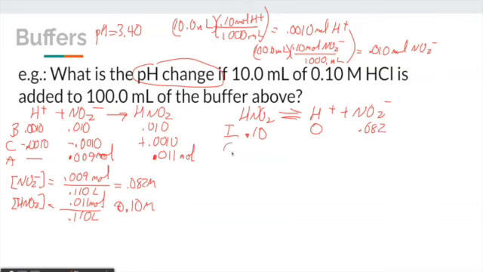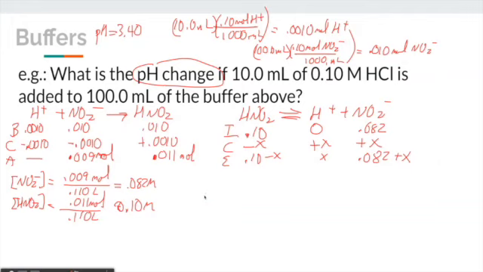Change, well, the stoichiometry is 1 to 1, so we lose X moles of HNO2, gain X moles of each H plus and NO2 minus. At equilibrium, then, this is 0.10 minus X, this is X, and this is 0.082 plus X.